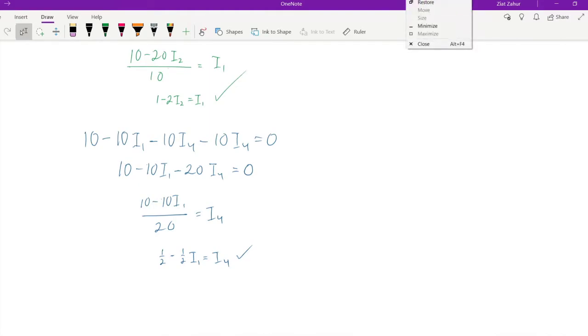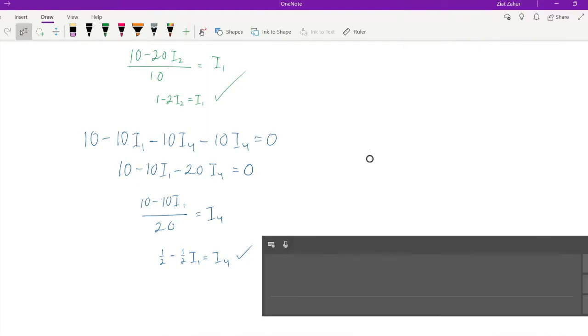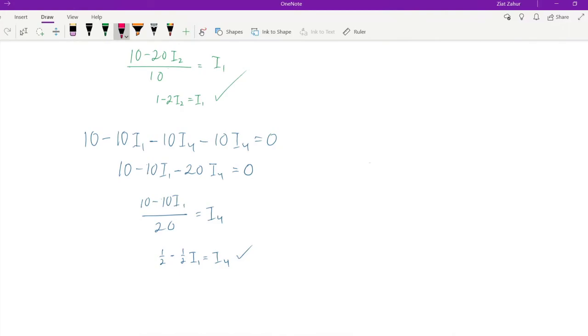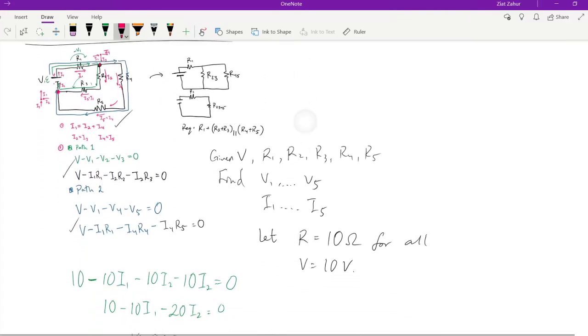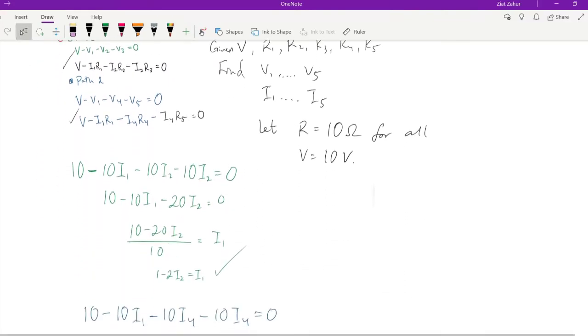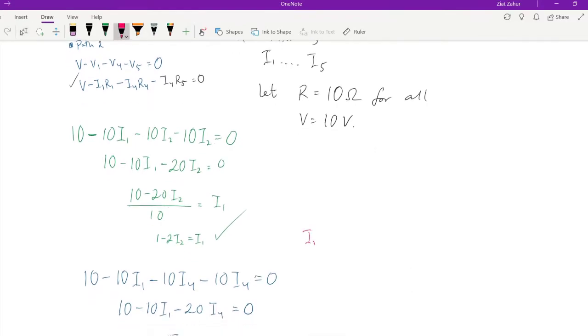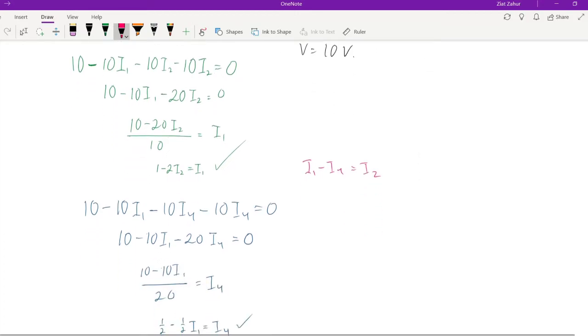You could do that. So I1 minus I4 equals I2. Sure. Very good.